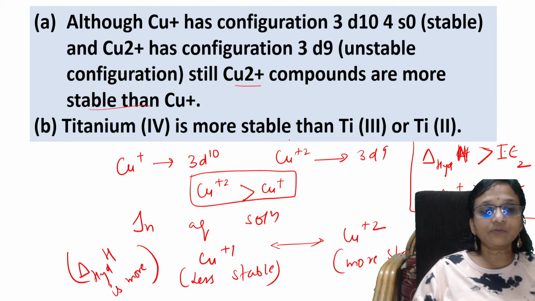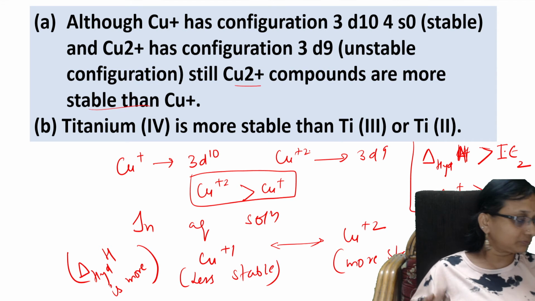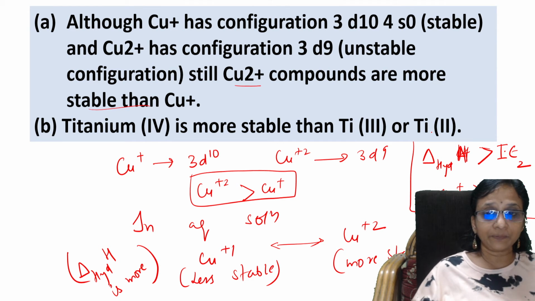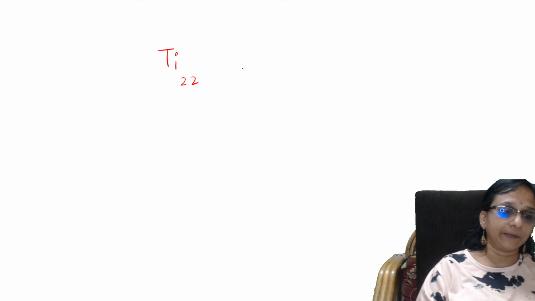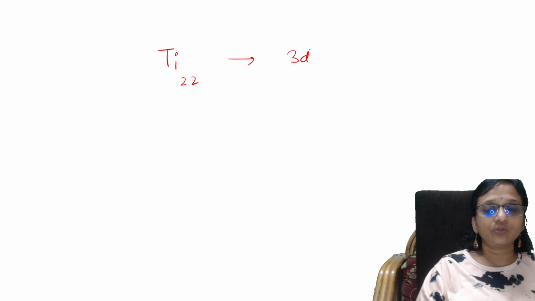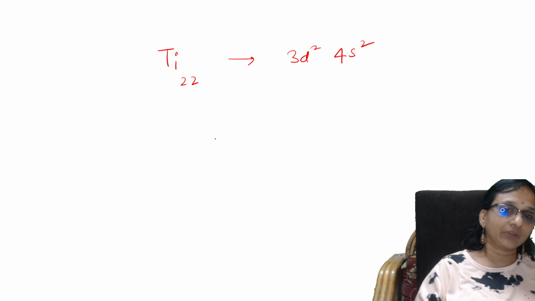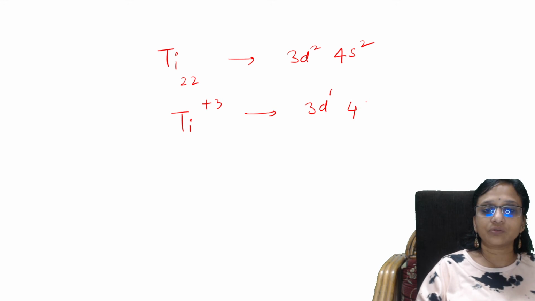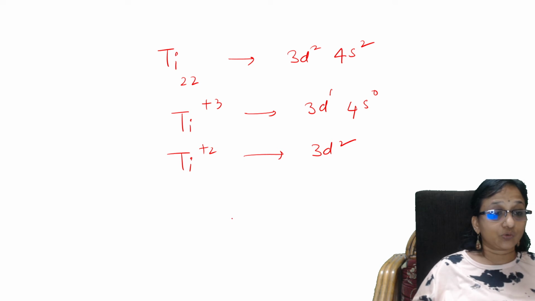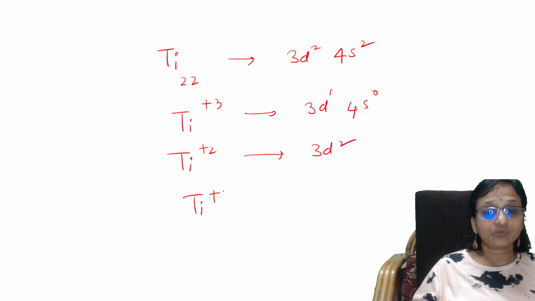Next, titanium 4 is more stable than Ti plus 3 and Ti plus 2. Titanium is atomic number 22, after scandium. This is 3d2, 4s2. Now Ti plus 3 will become 3d1, 4s0. This is Ti plus 2, which becomes 3d2. So when I make Ti plus 4, what will it become?